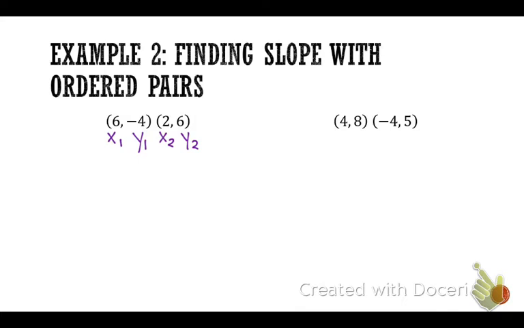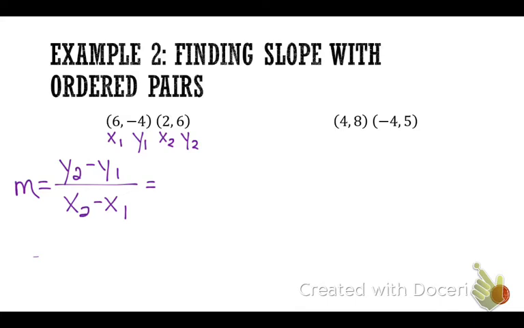So why does this matter? Because my slope formula, and I want you to write it down, says that I can subtract y2 minus y1 over x2 minus x1 to get my slope, or my rate of change between the 2 points.